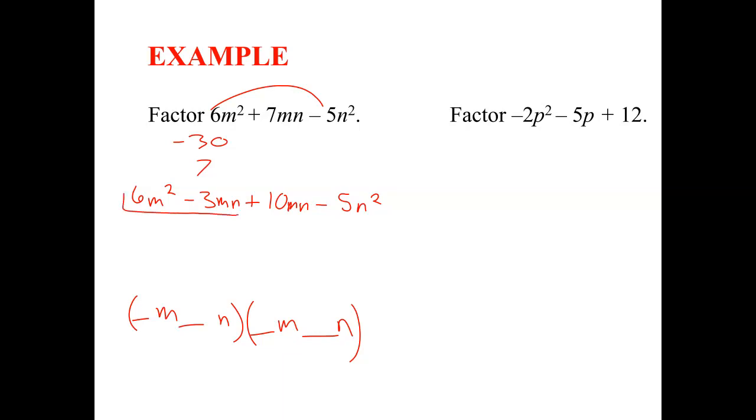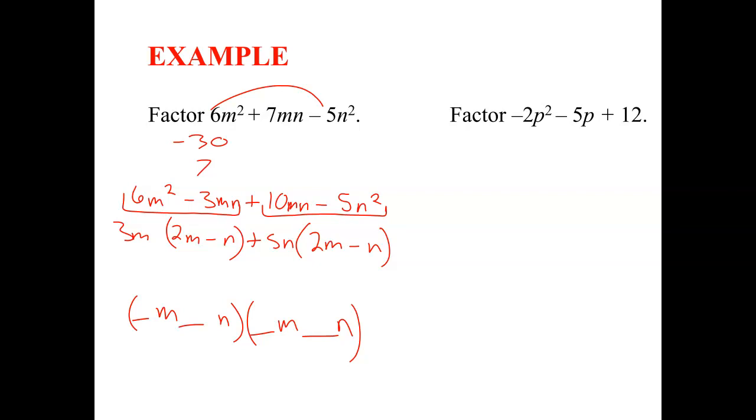And then just do your groupings. GCF of 3m leaves me with 2m minus n. GCF of 2n leaves me with 5n, leaves me with 2m minus n.